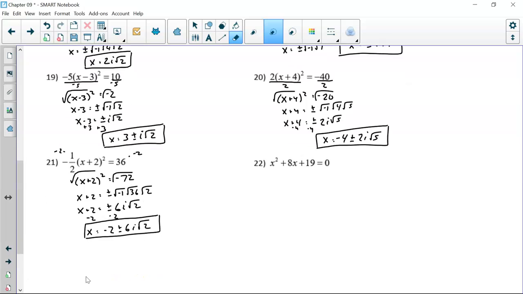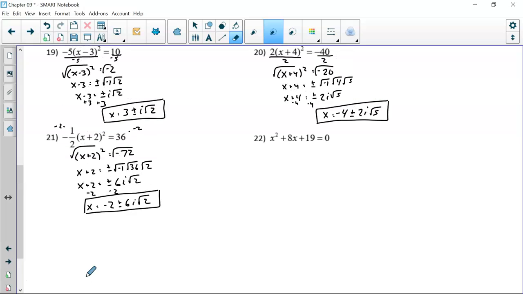And then finally, problem number 22. I can't factor it. What I can do is use the quadratic formula. x equals the opposite of b plus or minus the square root of b squared minus 4ac, all divided by 2a.